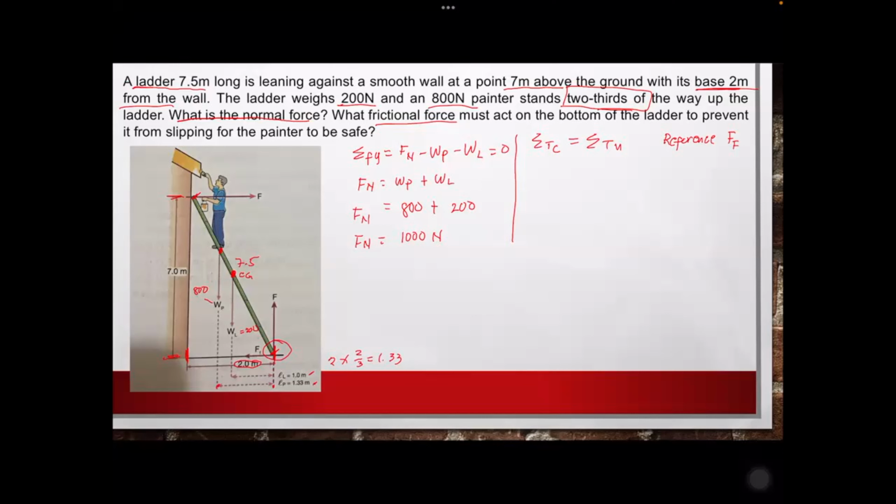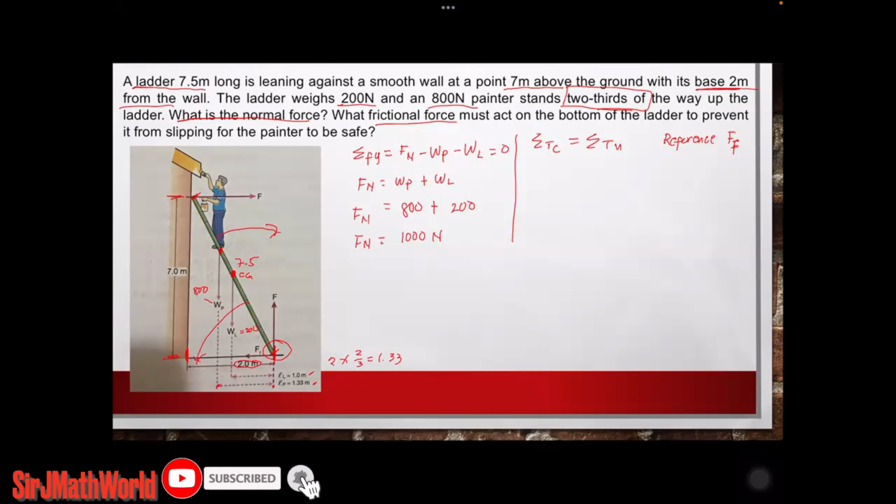F sub F. So, ano ba yung clockwise natin? So, ang clockwise natin ay papunta dito. Tapos yung counter ay papunta dito.